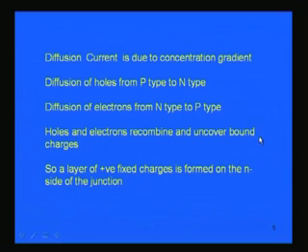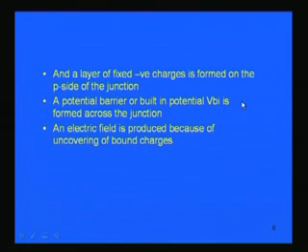So a layer of positive fixed charges is formed on the n side of the region, giving rise to a potential, and that potential is known as built-in potential, or sometimes you will also find it named barrier potential. So this uncovering of bound charges produces an electric field.